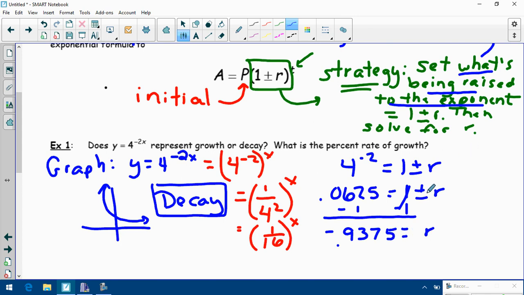So that plus or minus I kind of ignored. It kind of comes out for free when I've got this minus 1 over here. r comes out to be negative, which is no big surprise because it's decay. So my decay percent rate of growth, in this case decay, is negative 93, sorry, just kidding, negative 93.75%.